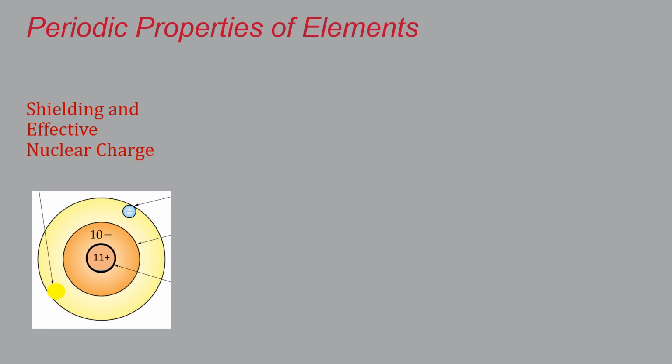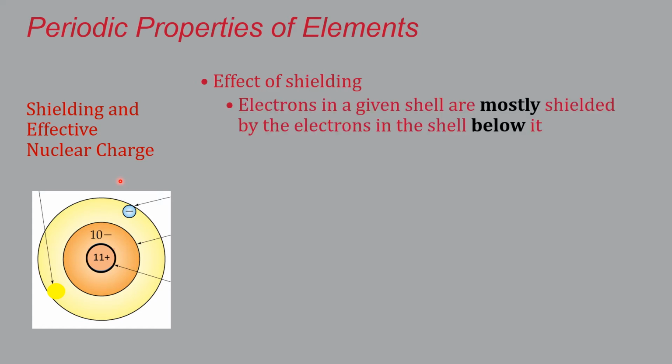All right, so this here is a representation of a sodium atom. So let's talk about the effective shielding here. Electrons in any given shell are going to be mostly shielded by all the electrons in any shell below it.